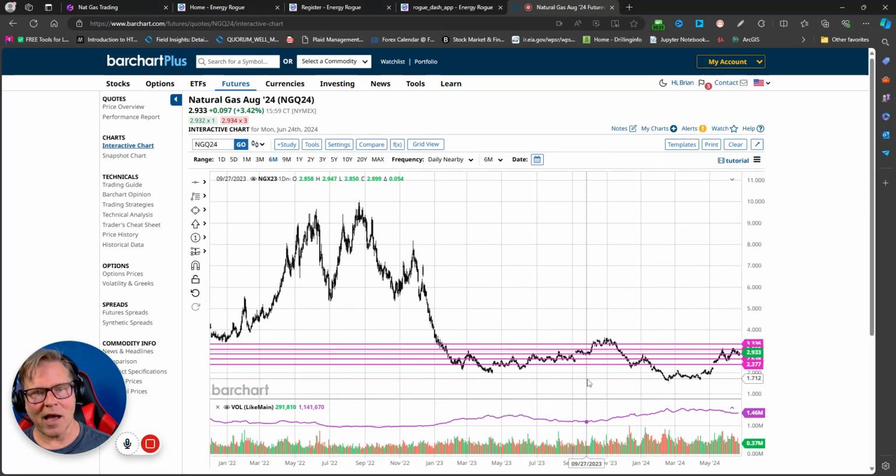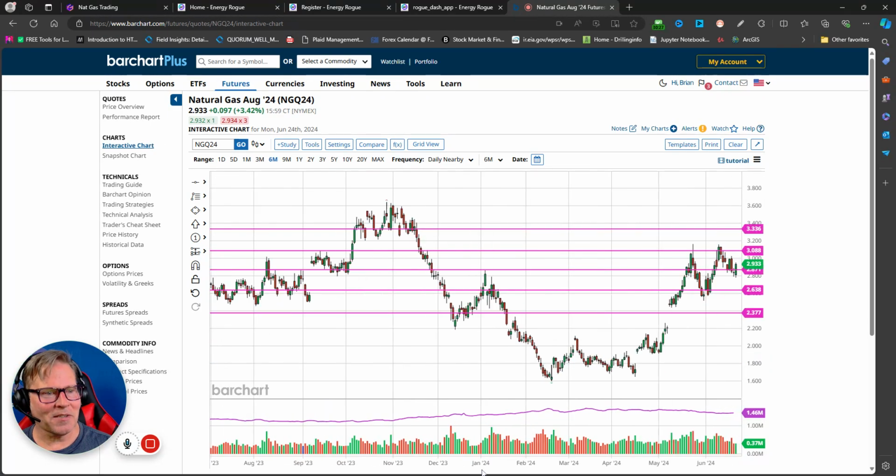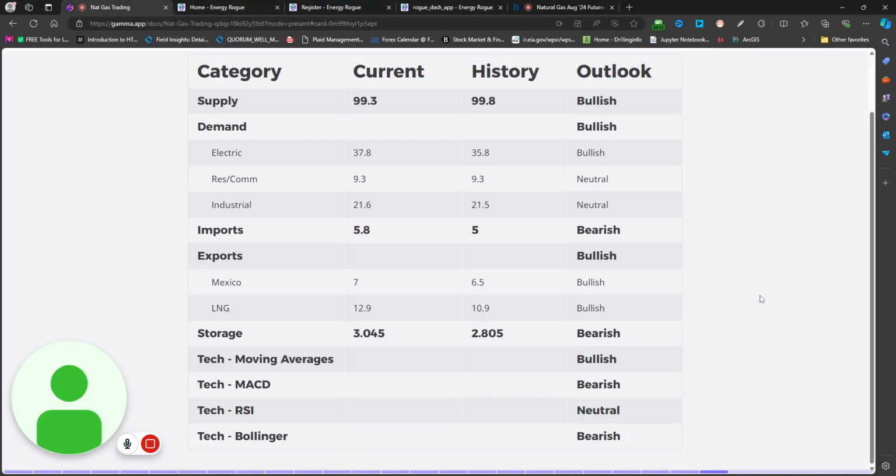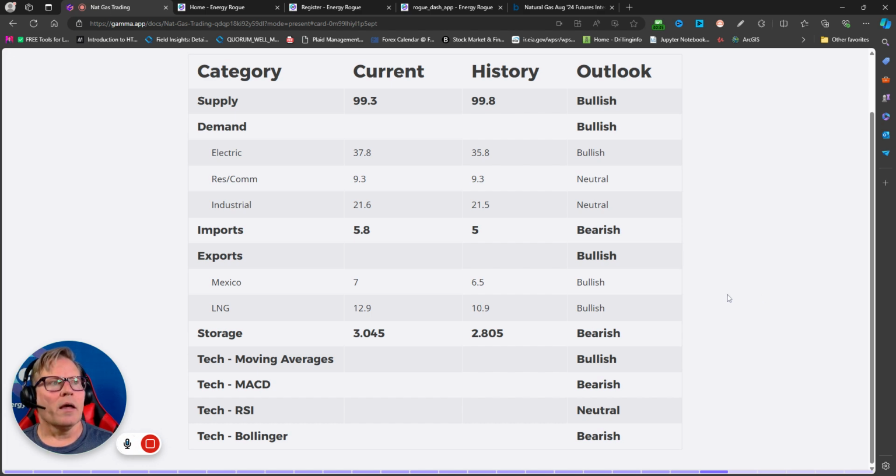Conversely, when we collapsed, in my opinion, we shouldn't be this low. So that's just my personal opinion, not a financial advisor, not financial advice or recommendation to buy or sell any stock. So supply, demand, imports, exports, storage, moving averages, MACD, RSI, Bollinger.